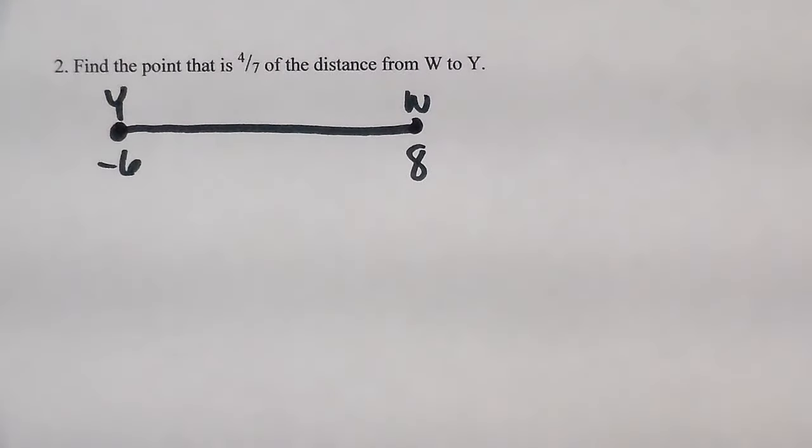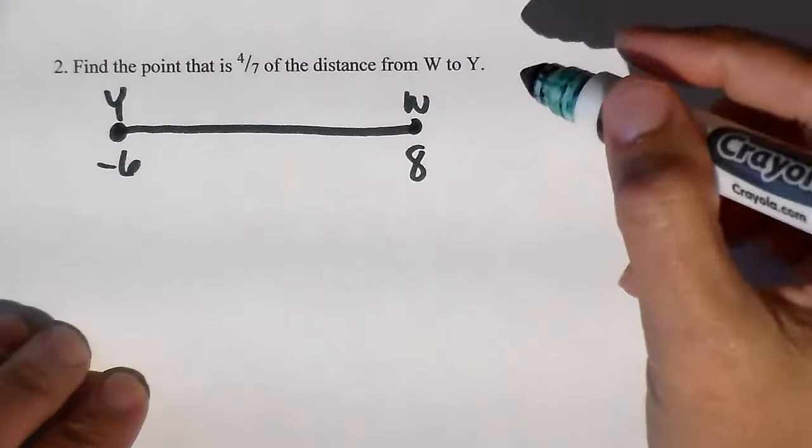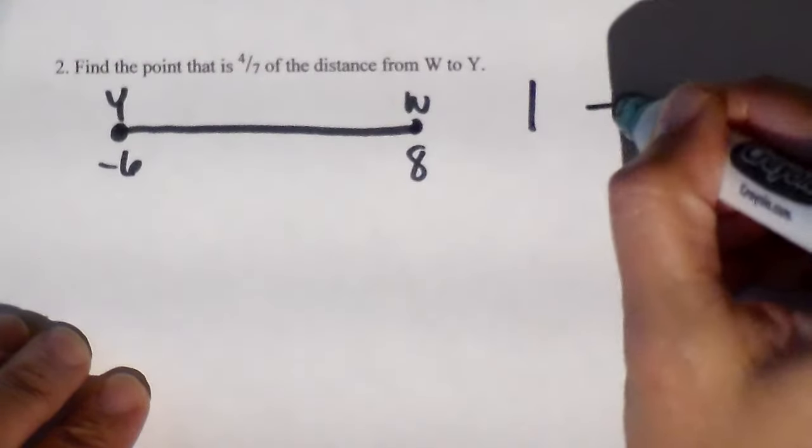Any questions so far? Oh wait, you can't ask any. Now the question is, how do I find the fraction that I'm looking for? 4/7, right? First of all, let's figure out what the exact total is. For the total, I'm going to find the distance using the absolute value formula.